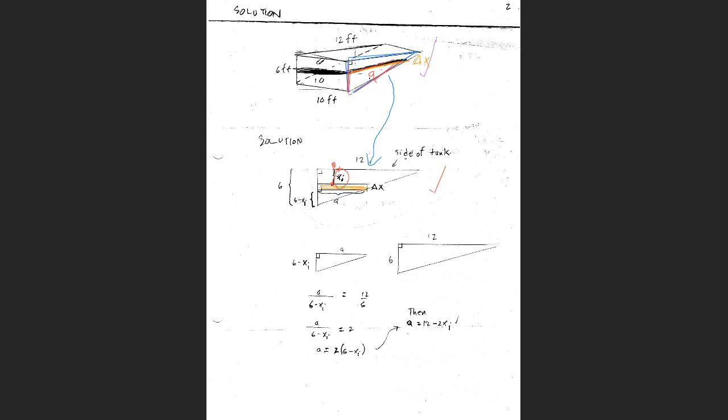This distance x sub i. But since the tank is 6 feet tall, the distance here would have to be 6 minus x sub i. Okay, so you can zoom that in a little bit. So you have x sub i here, and 6 minus x sub i here.